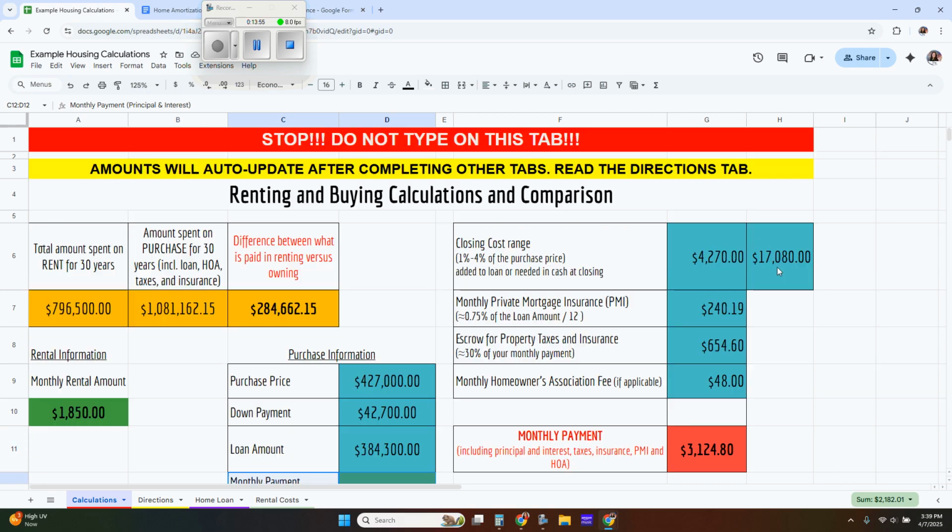Okay, over here on this side, we have what our closing cost range is. Again, that's just FYI to know what you need to have for closing costs. And then I have my costs because I'm only putting 10% down. We've got to factor in PMI. We have to factor in our escrow amounts for property taxes and insurance, and then the HOA fees.